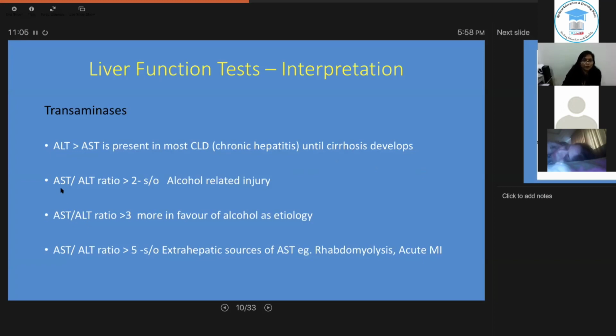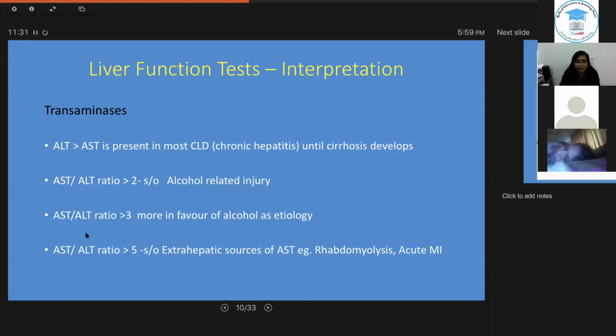Another important ratio is the AST-ALT ratio. If this is more than 2, then it suggests alcohol as an etiology for liver disease. So these are some of the important clues which I am highlighting. If this ratio is more than 3, then almost we should be sure that the patient, sometimes we ask the patient for a history of alcohol and the patient denies that history.